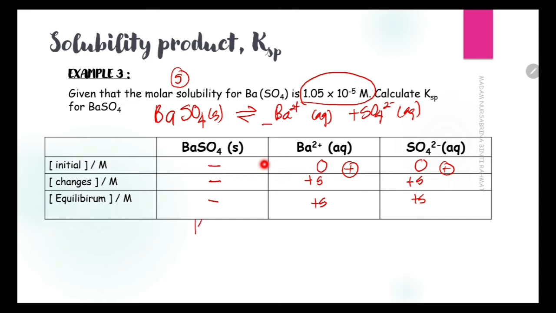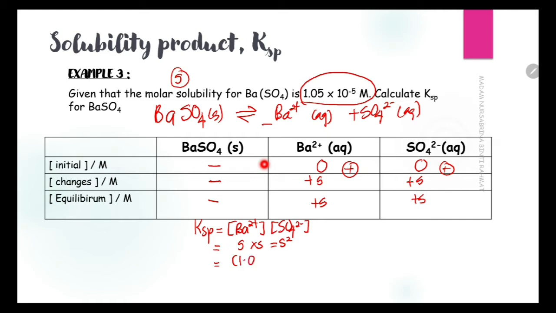So KSP equals [Ba2+][SO4 2-], which in terms of S is S times S, so it equals S squared. Our S here is 1.05 times 10 to the power of negative 5.